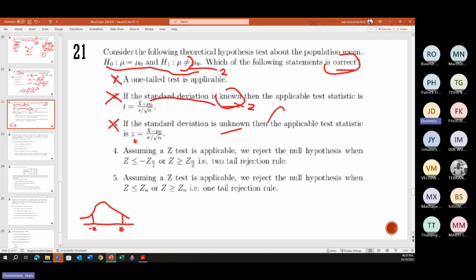So we reject the null hypothesis when that Z is smaller than the critical value. Remember, if the Z that I have worked out is smaller, that is in the rejection zone. On the negative side, they should have actually had, sorry, let me quickly redo that because I've now mixed it up.